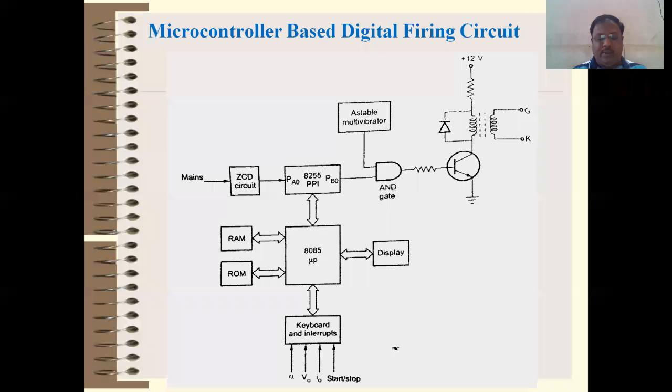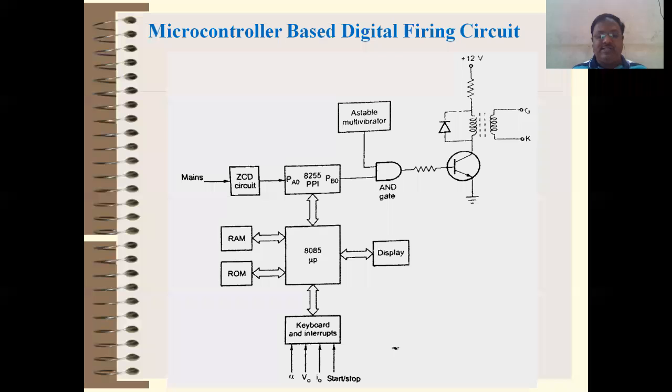In this example, we consider that the gate pulses are applied to the SCR. So the above circuit is used to trigger the SCR in every positive half cycle of supply voltage, that is the mains, right?